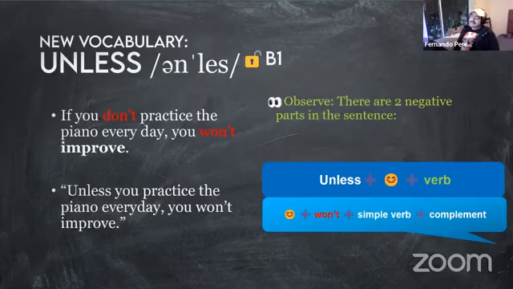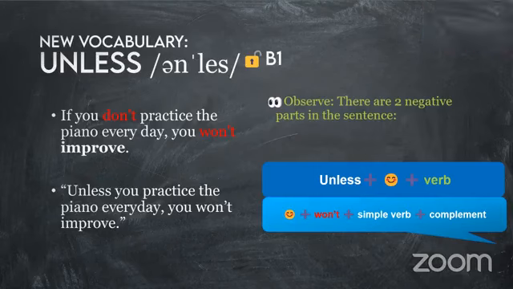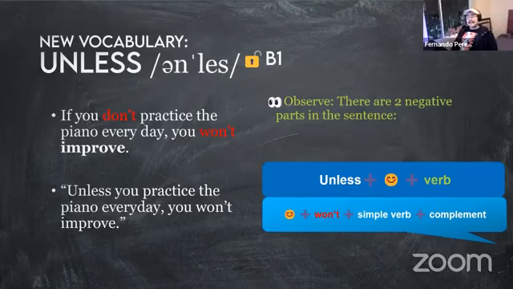I repeat, if I don't do exercise, I will get very fat. Transform this idea to unless. Raúl, which idea? I repeat my idea. If I don't do exercise, I will get very fat.